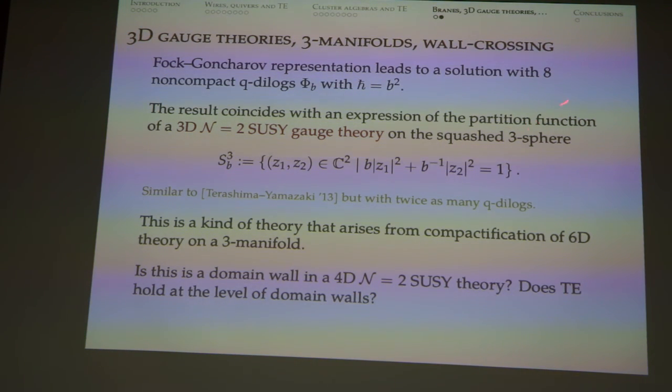So I expect that this solution actually arises from a domain wall in 4D theory. So the natural question would be, does the tetrahedron equation actually hold at the level of domain walls without calculating its S3 partition function? This is still very vague, but these are the directions I would like to go.